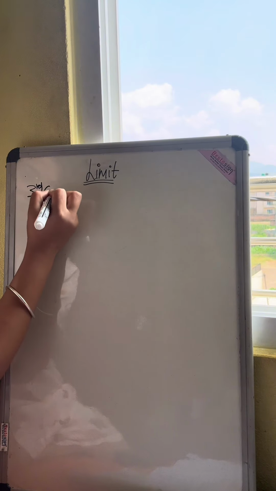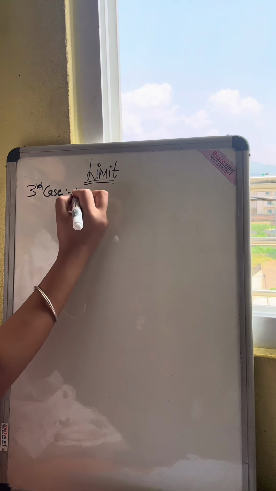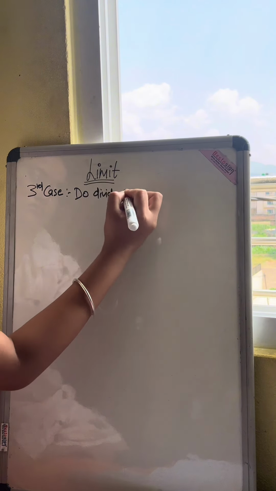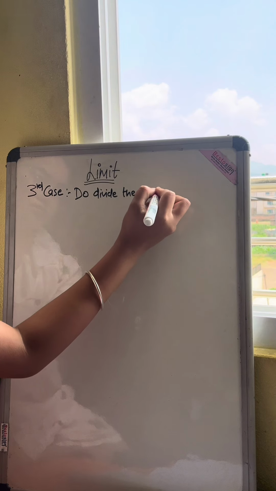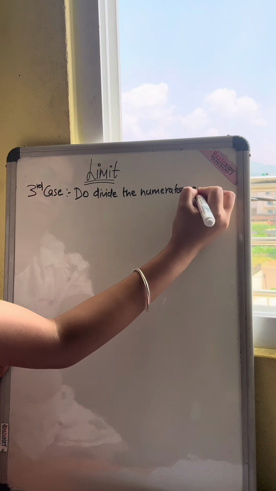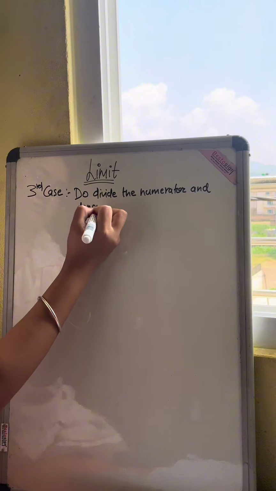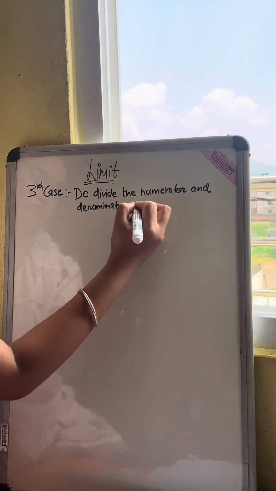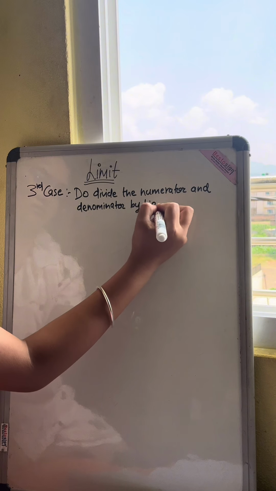Now moving forward to our third case, which is do divide the numerator and denominator by the highest degree of x, which means we have to solve the problem by dividing the numerator and denominator by the highest degree of x.